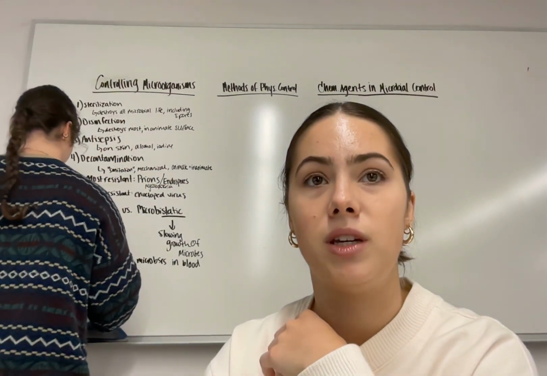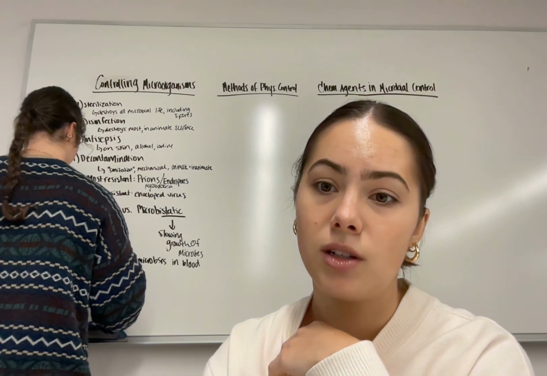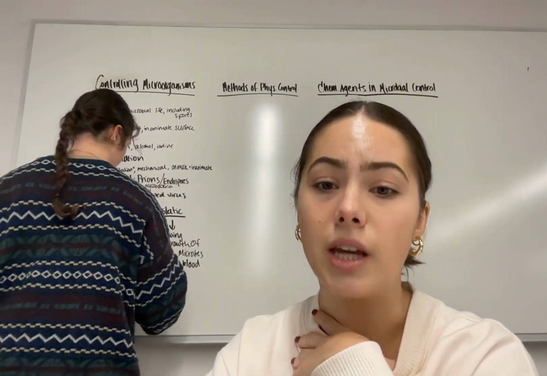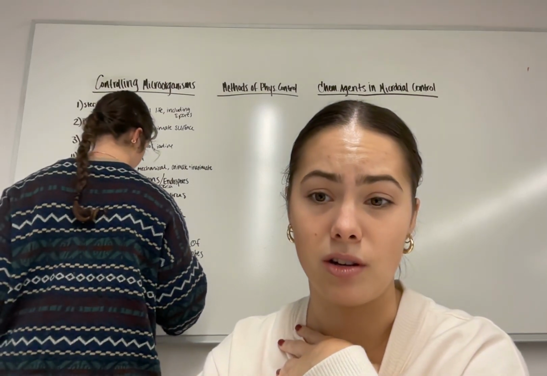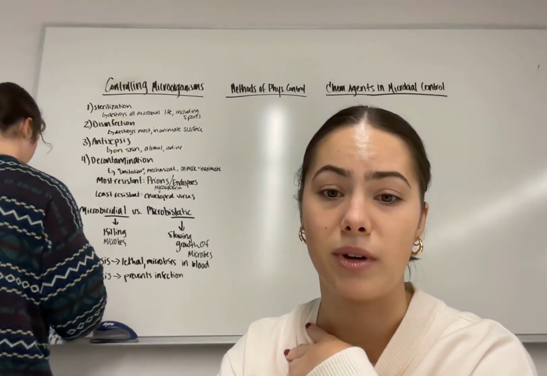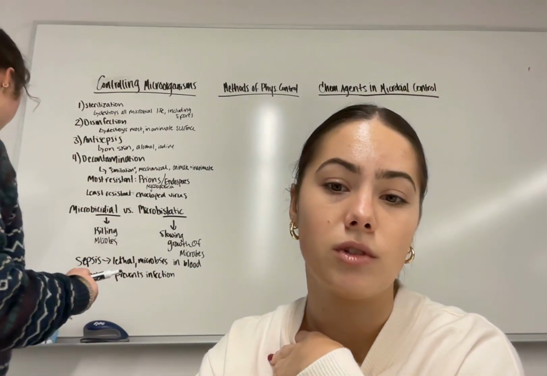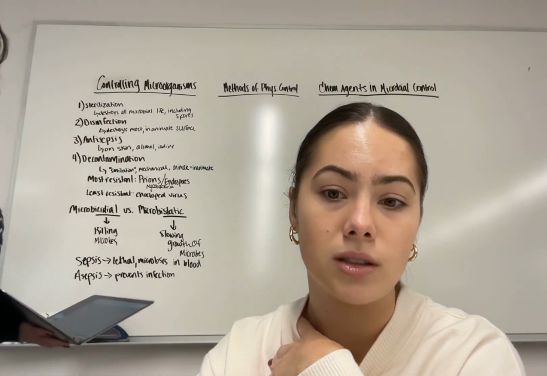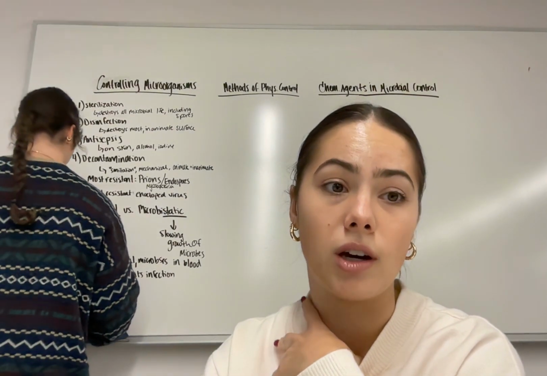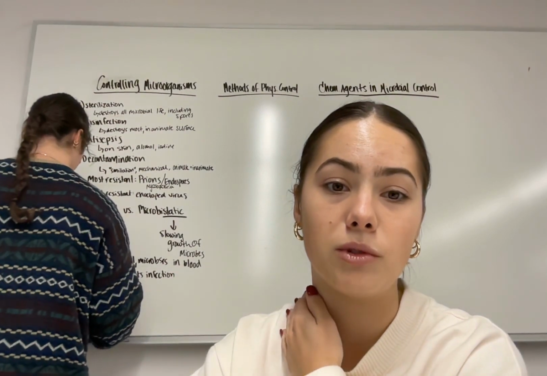So, example would be heat sterilizing your tubes, surgeons wearing gloves and masks. Antisepsis is the application of chemical agents to exposed body surfaces to destroy live pathogens and reduce the number of bacteria, but it does not kill spores. So, example, before you get a shot, the nurse rubs an alcohol swab on your skin.